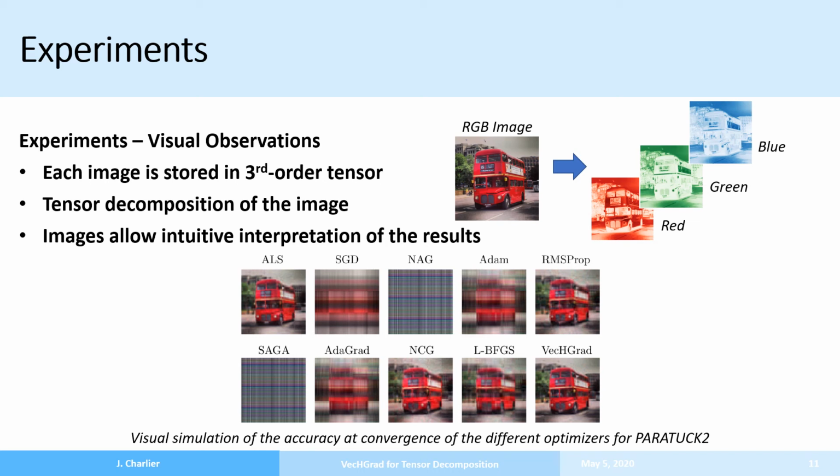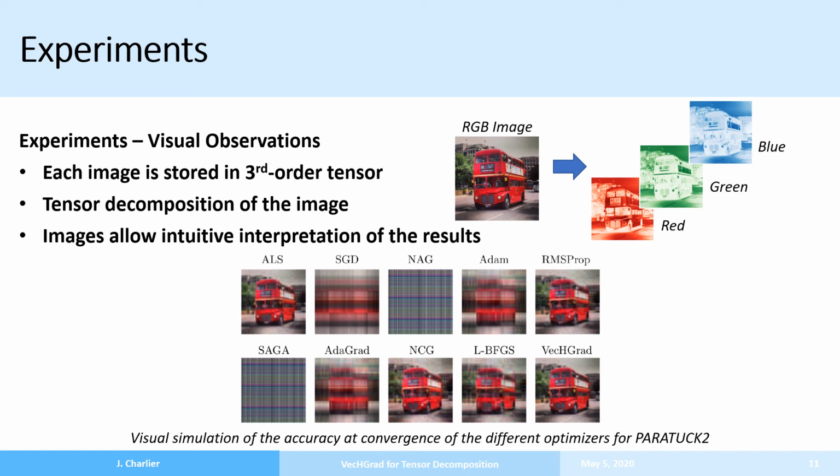If you follow the matrix representation of red, green, and blue, you have 3 matrices, and we can stack one matrix behind another. So each image can then be stored in a third order tensor. And once we have this third order tensor, we can decompose the image.